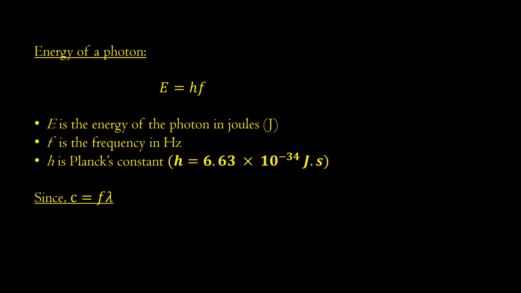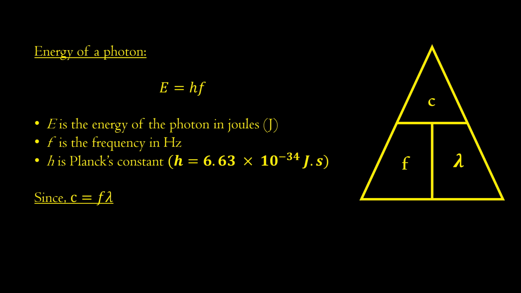Now, since we said that the speed of an electromagnetic wave, c, equals the frequency of the electromagnetic wave multiplied by the wavelength, we can use our triangle to realize that f just equals c divided by the wavelength lambda.